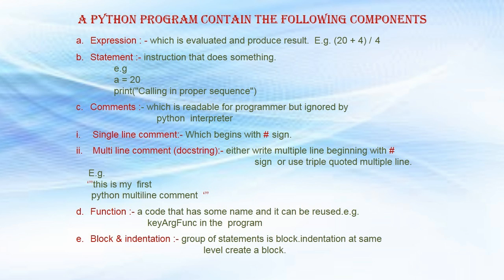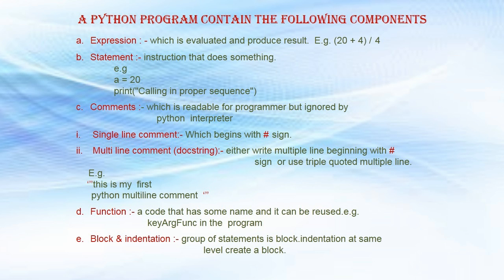Now, this is the main structure of the program, or we can say a Python program contains the following components. An expression is evaluated and produces a result, for example 20 plus 4 in brackets divided by 4, which is a mathematical expression which can be evaluated and will produce a result. Then a statement is an instruction that does something.